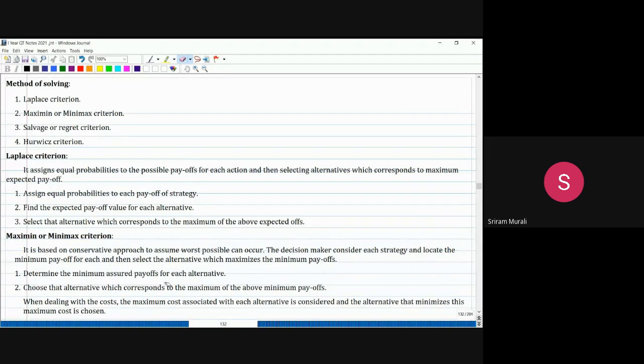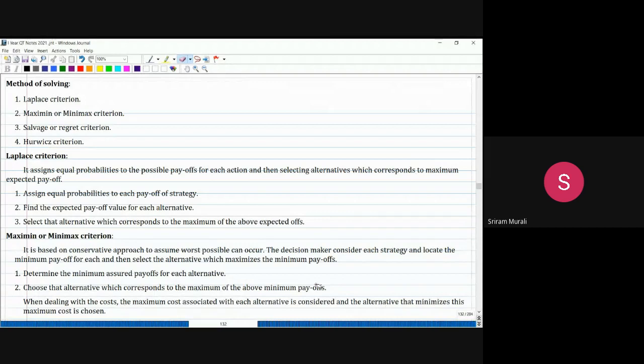Do you understand the difference? If I deal with the cost, the maximum cost associated with each alternative should be taken. Maximum cost should be minimized.